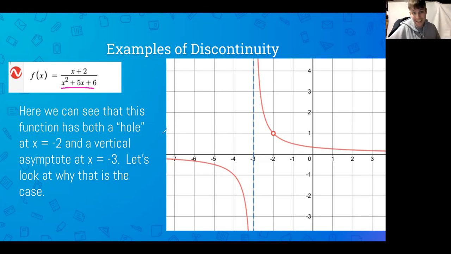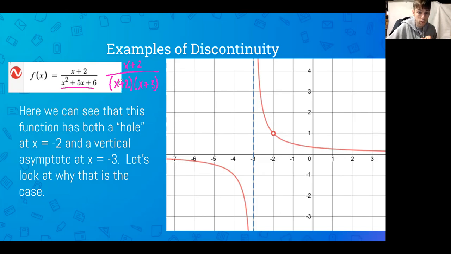Vertical asymptotes cannot. So if we factor this, we need two numbers that multiply to 6 and add to 5. So that's 2 and 3. We get x plus 2 times x plus 3, and x plus 2 on top. So notice at -2, this factor right here is causing a problem.